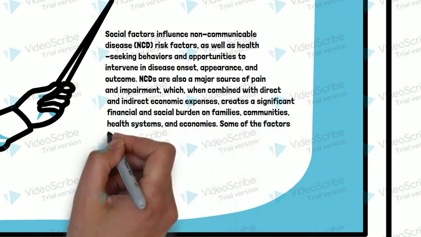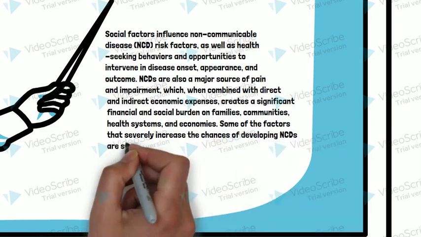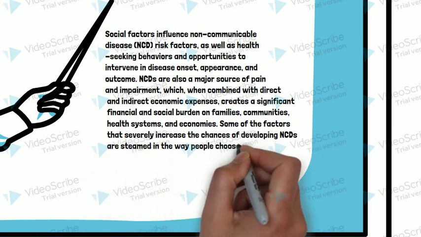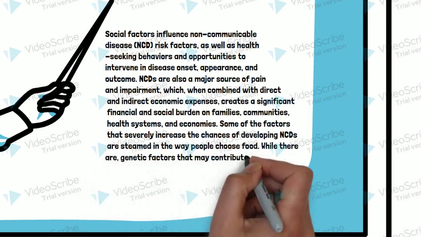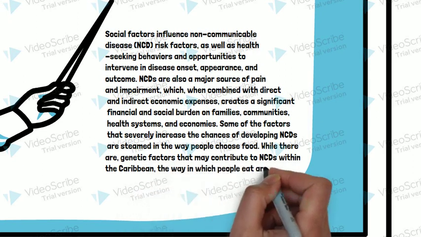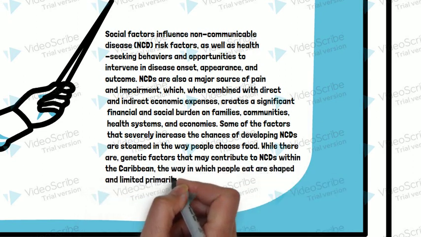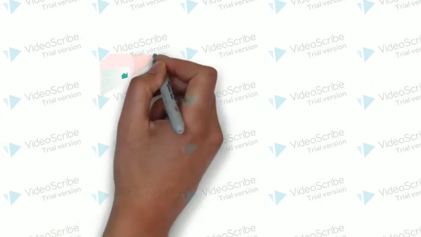Some of these factors that severely increase the chances of developing NCDs stem from the way people choose their food. While there are genetic factors that may contribute to NCDs within the Caribbean, the way in which people eat is shaped and limited primarily by social and cultural factors.